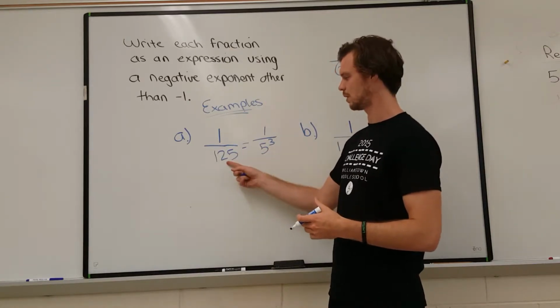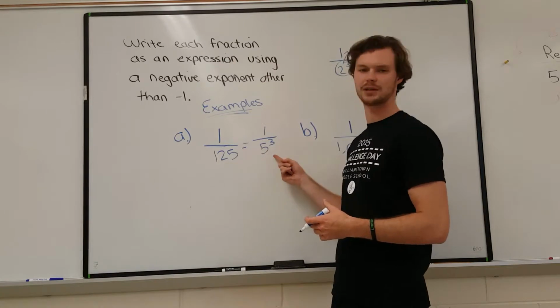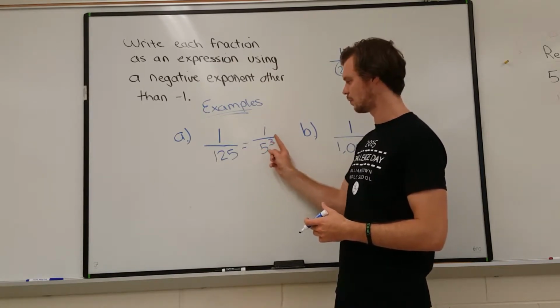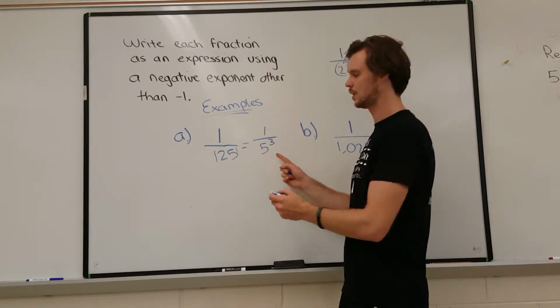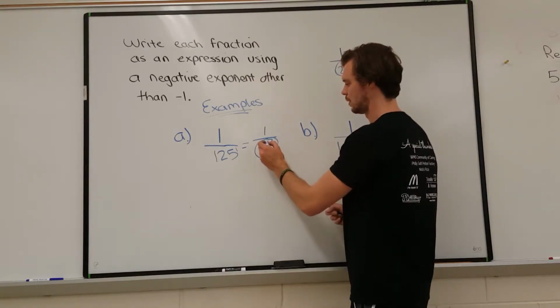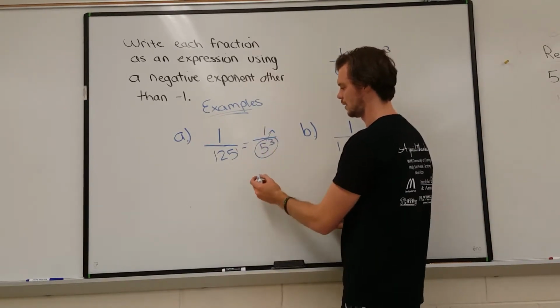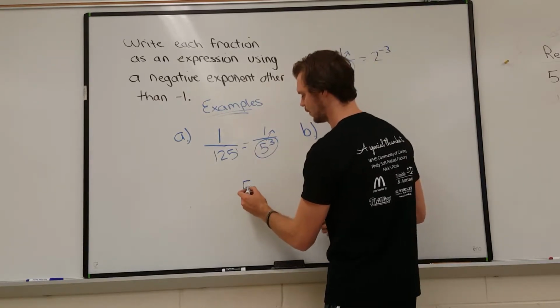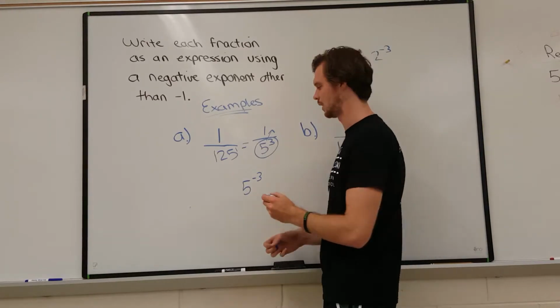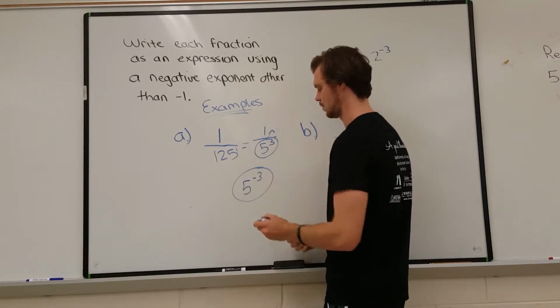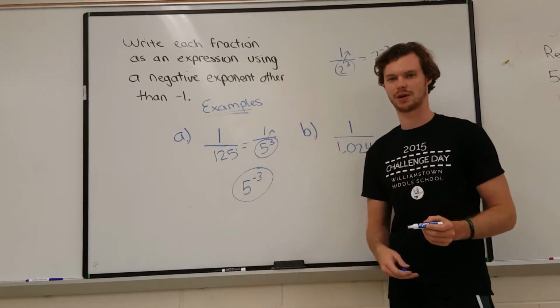That turns out to be 125. Now, the nice thing about this is now I have an exponent other than 1 here. This was 125 to the first. This is 5 to the third. So now when I do cross the line, change the sign, that 5 to the third is going to come up in the numerator, and it's going to change the sign to be 5 to the -3rd. So I can say that's 5 to the power of -3.